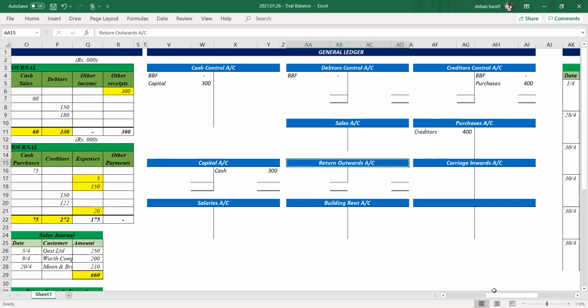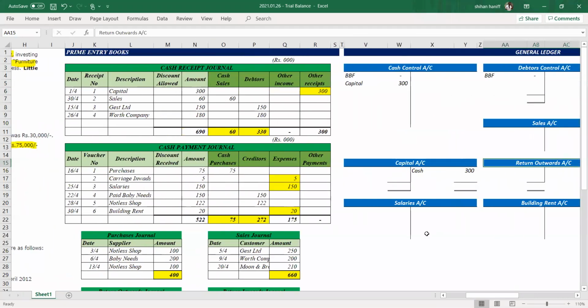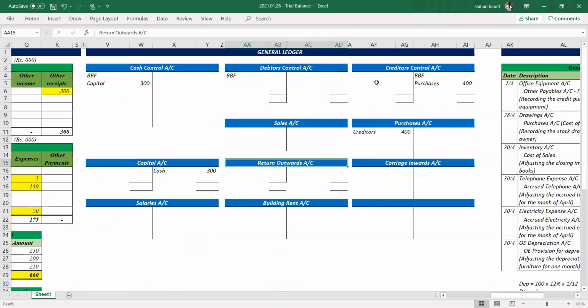Then there is a return outwards of 30. That is debited to creditors control account, and return outwards account credit 30.